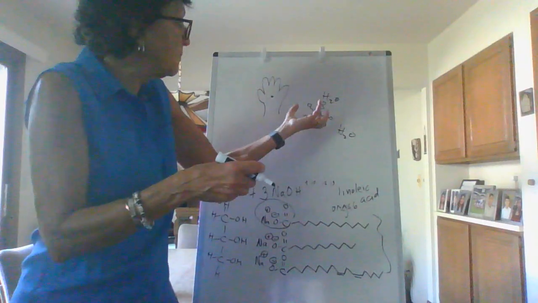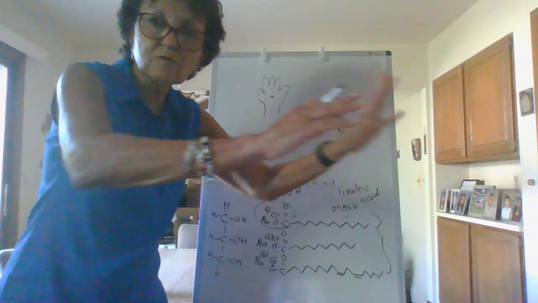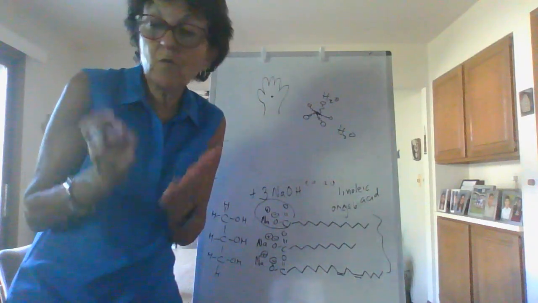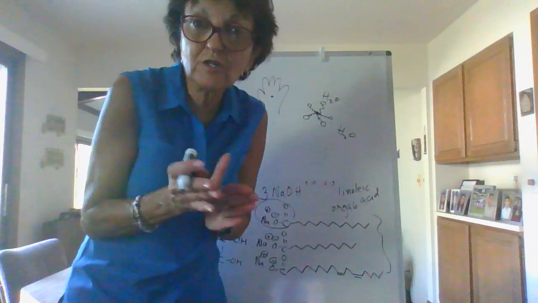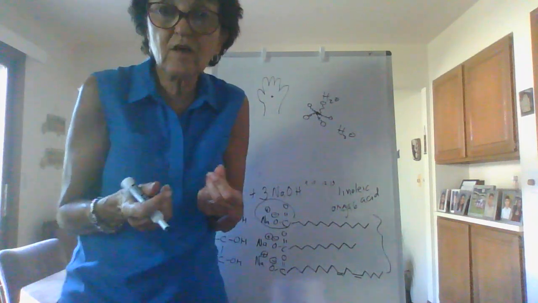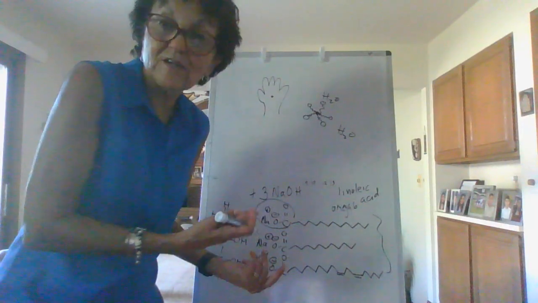And then once that happens, it can lift that oil droplet from your hand and it gets washed away in the water. And I want you guys, every time you are washing your hands, especially if it's trying to get some grease or anything oily off of your hands, think on a molecular level. Now you know what is actually going on.